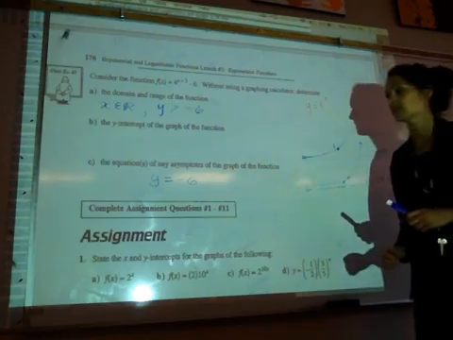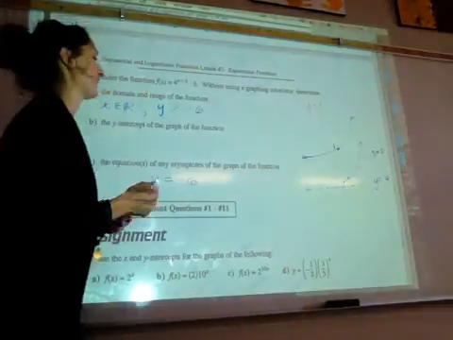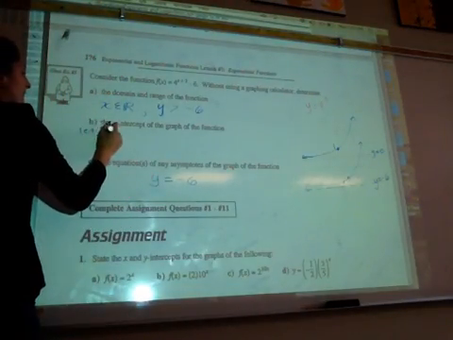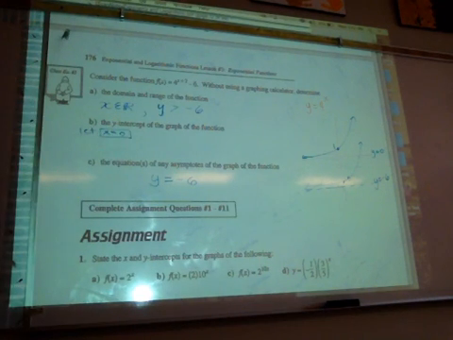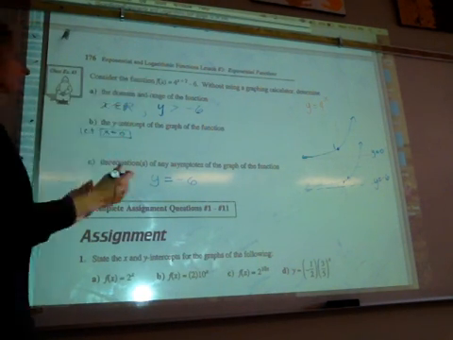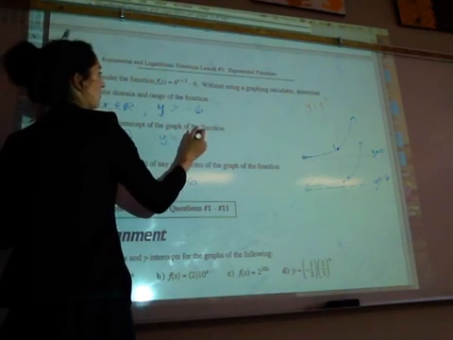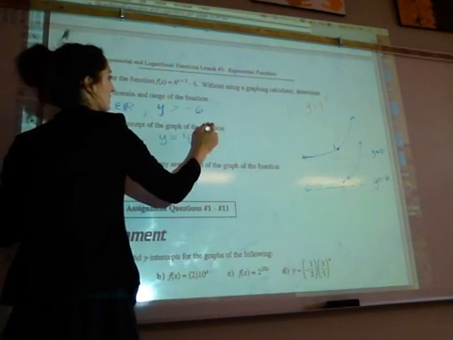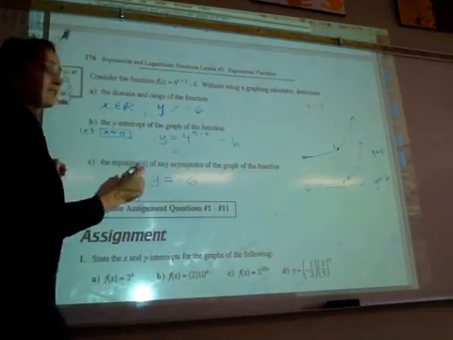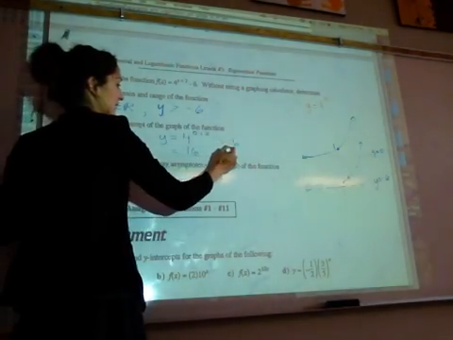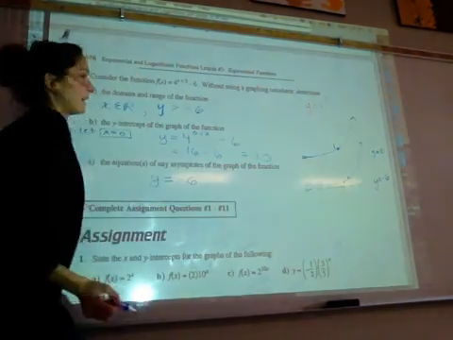So to solve for this, all we have to remember is that we let x equals 0, we plug that into our function, and then we solve. Okay, so we plug in y equals 4 to the power of 0 plus 2, and then we subtract 6. 4 squared is 16. 16 minus 6, we get a y-intercept of 10.